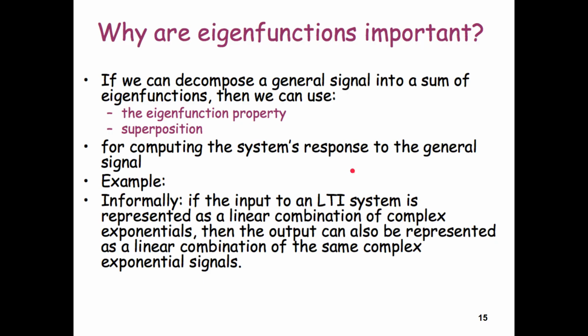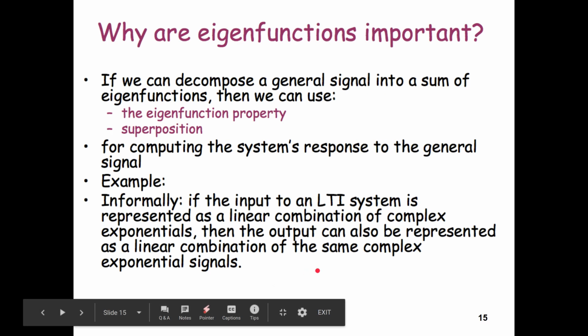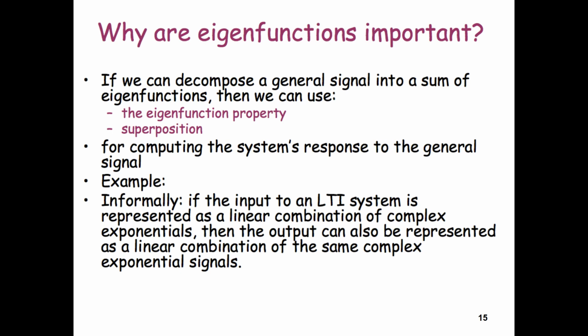Why are eigenfunctions important? As any input signal can be represented as a linear combination of complex exponentials, and as they are eigenfunctions of an LTI system, even the output is a linear combination of the same complex exponentials. This makes it really convenient to work with, and there are a whole lot of properties which make it so simple to convert to the frequency domain.